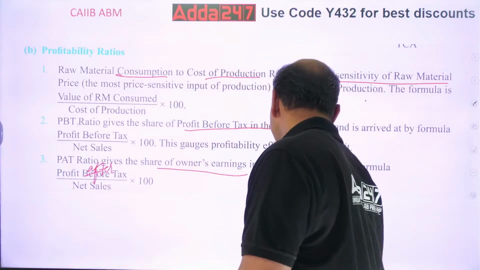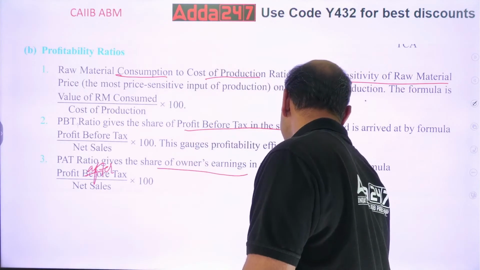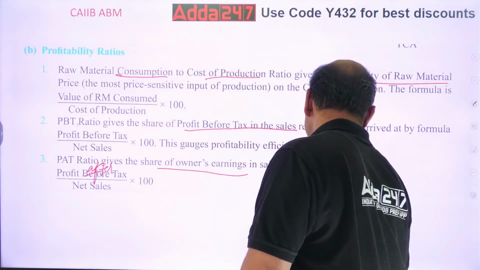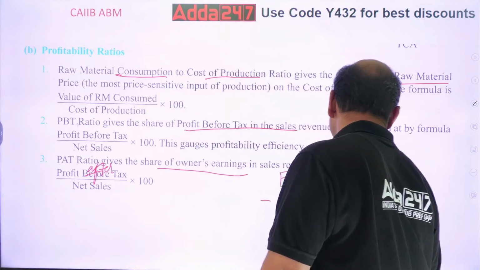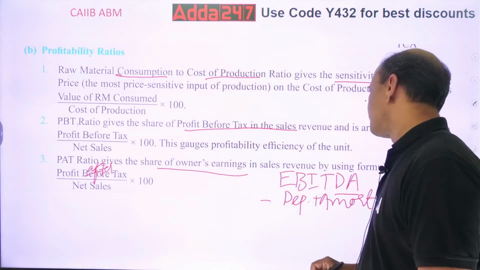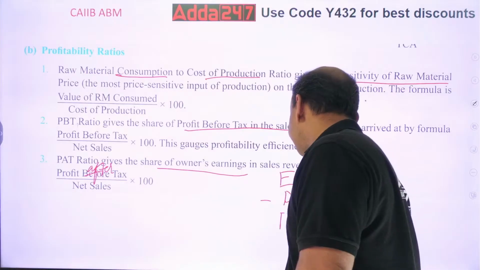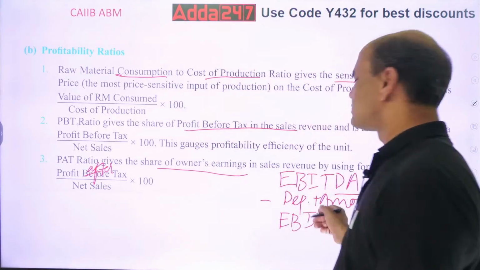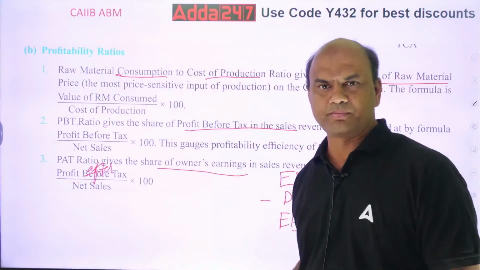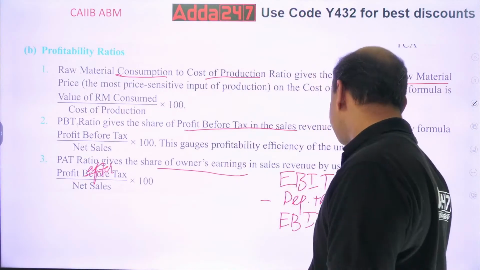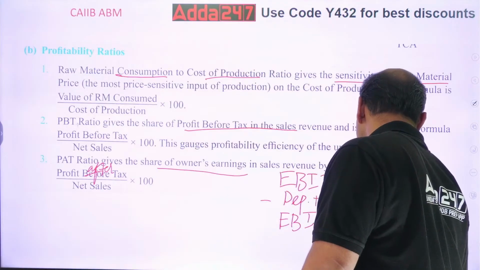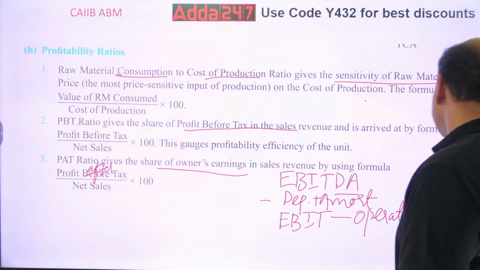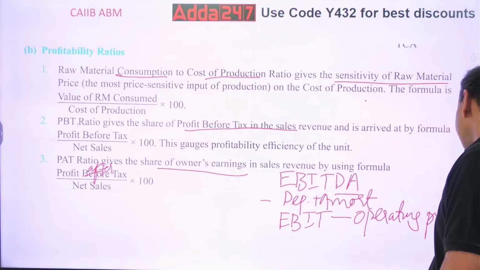From here you subtract depreciation and amortization, D and A. These two are first removed, so you get EBIT. This EBIT is also called operating profit.